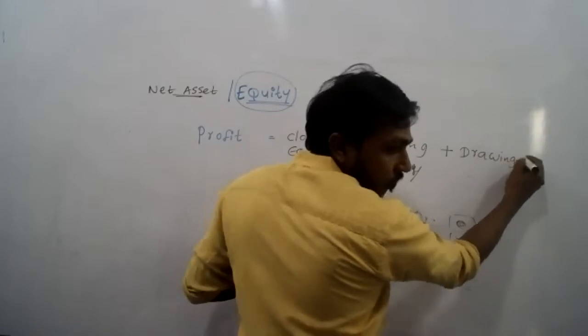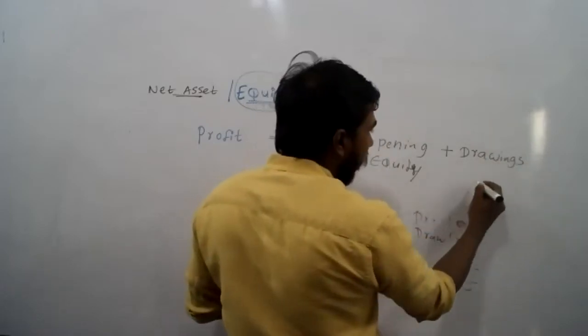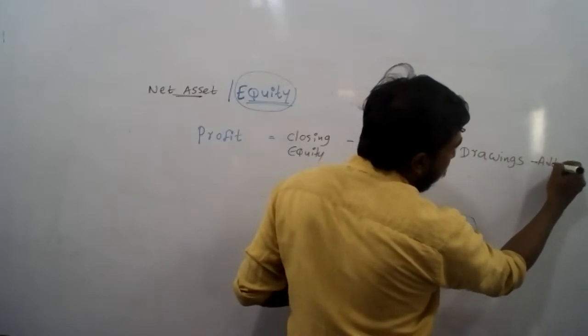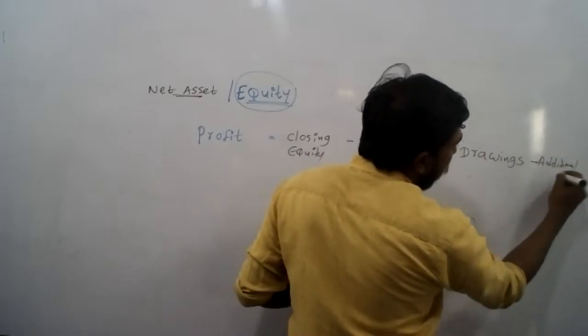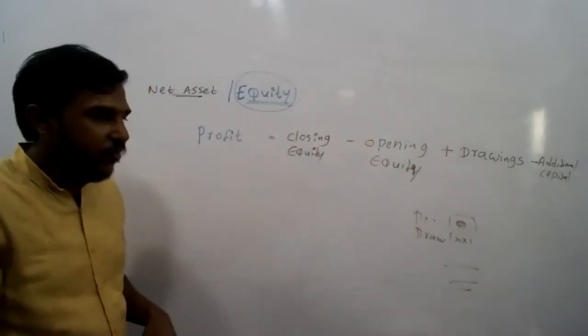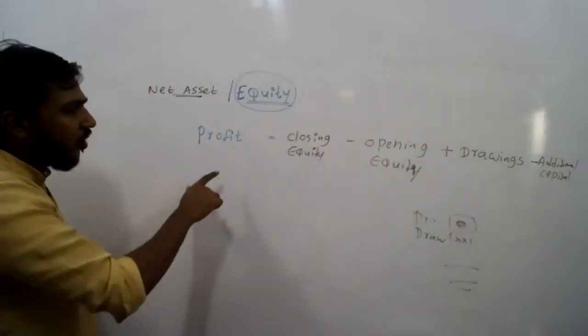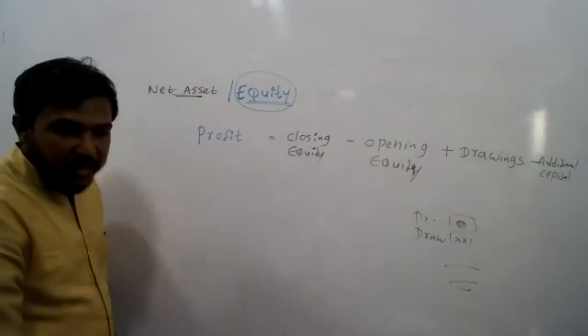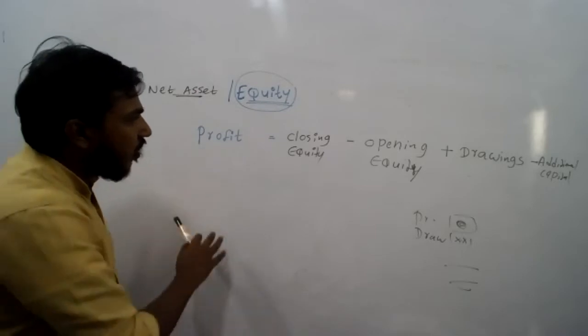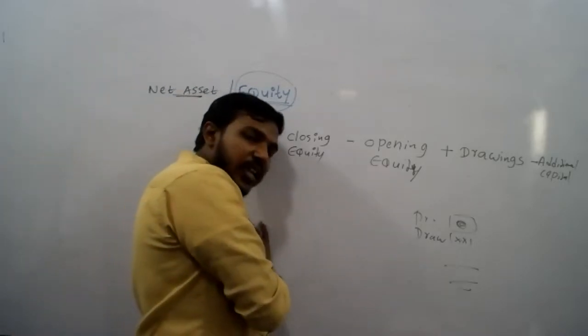Then minus additional capital. This is so important even for the MCQs. This is the formula that you use to calculate the profit using the net asset basis.